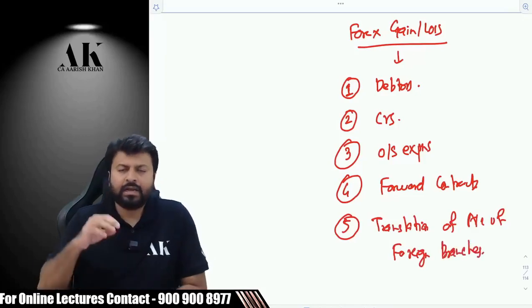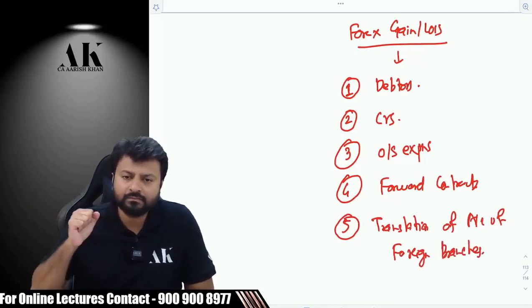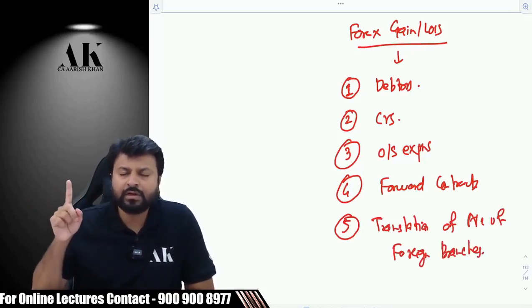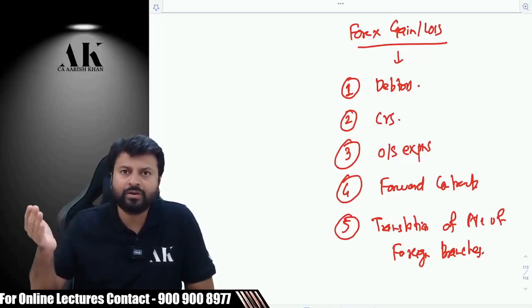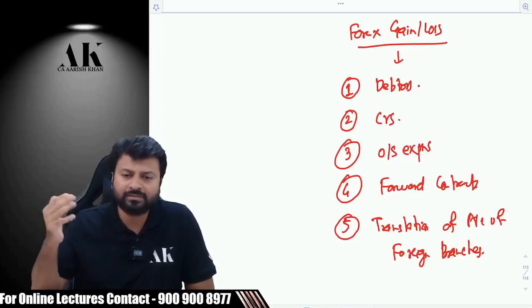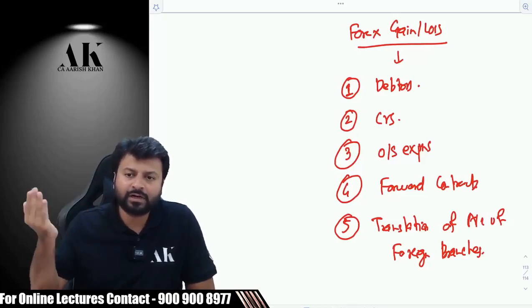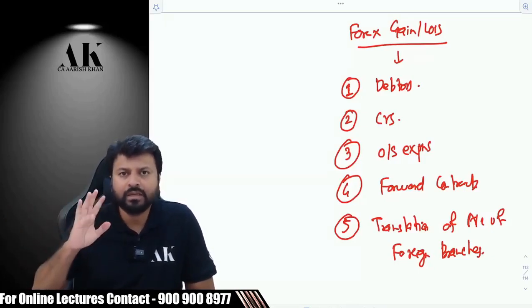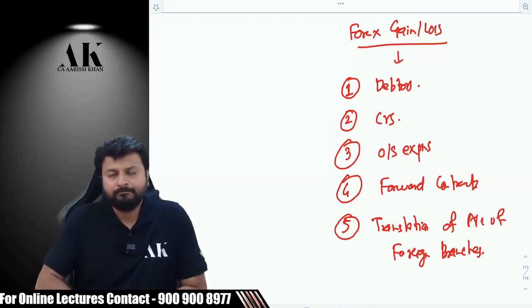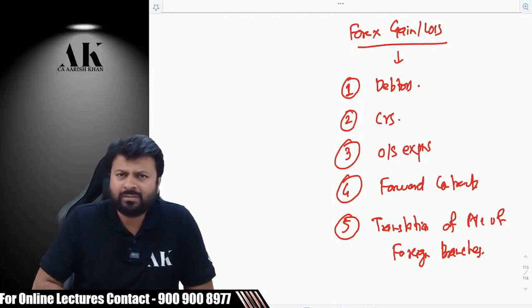What do I mean by this? I have a branch in United States. If there is a branch in a foreign country, I have to merge that branch with the Indian head office to finalize the accounts. You would have done this in your CA Inter accounting subject. Branch accounting, yes or no? So if the branch is in a foreign country and you are consolidating that branch with your HO, then also there can be forex gain or loss. The point I am trying to say is, forex gain or loss can come on anything, not only on imported asset.